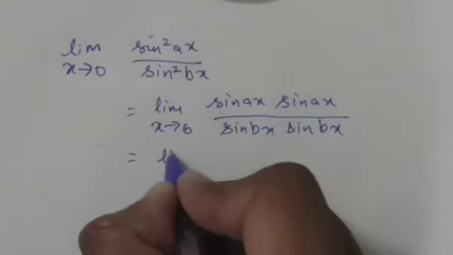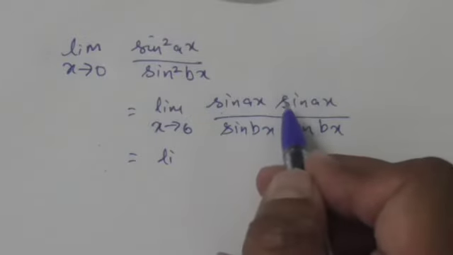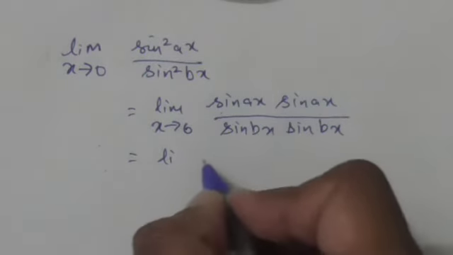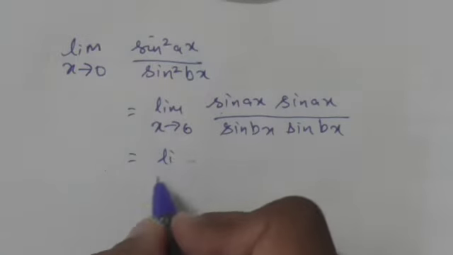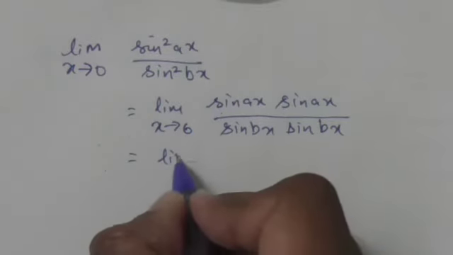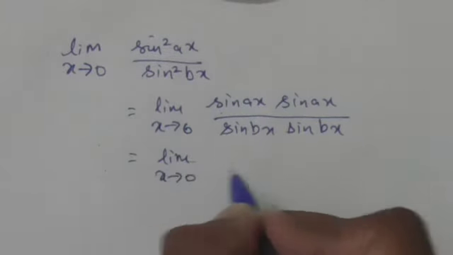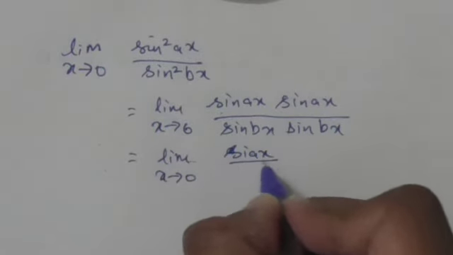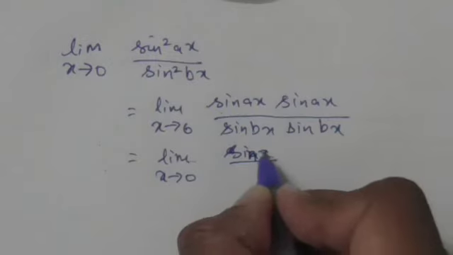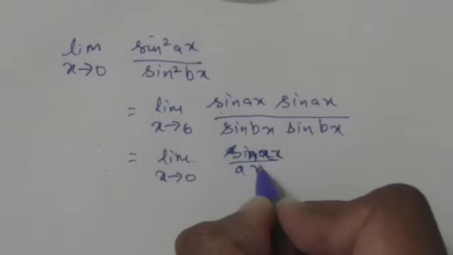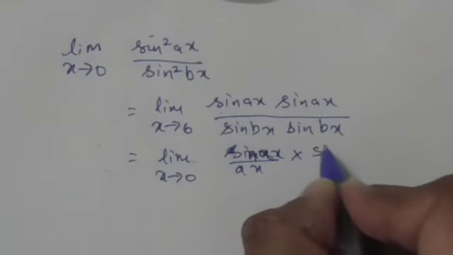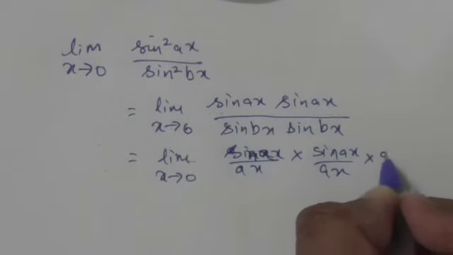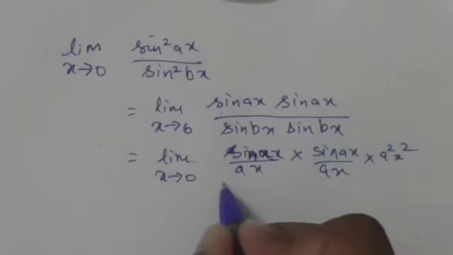So we will multiply and divide numerator by a square x square. So we will get limit x tends to 0 sin ax upon ax into sin ax upon ax into a square x square.